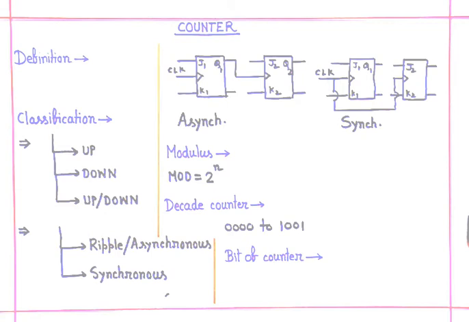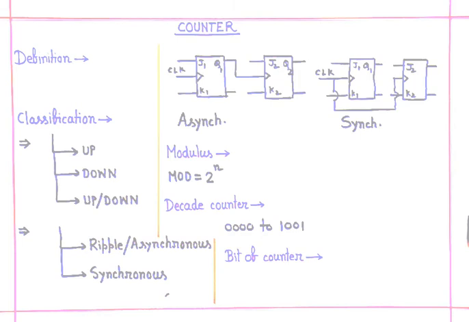Now there is a special type of counter you will learn later, that is decade counter. So what is decade counter? A decade counter is actually formed by combining 4 flip-flop.